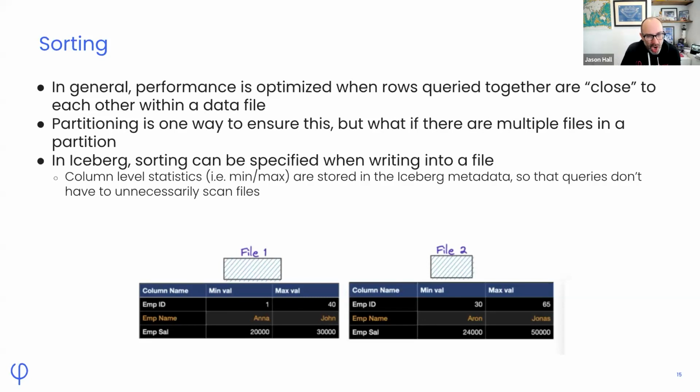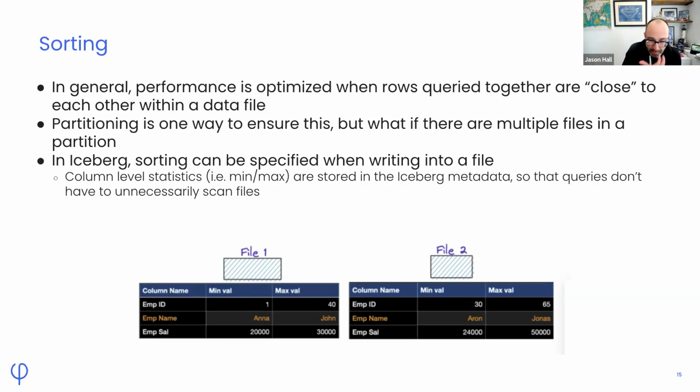The idea is that column level statistics are stored within the Iceberg metadata. So you can define an Iceberg table that sorts by a number of columns. And when that data is sorted, these statistics that appear in the Iceberg metadata will help query engines determine which files to scan to pull back data.